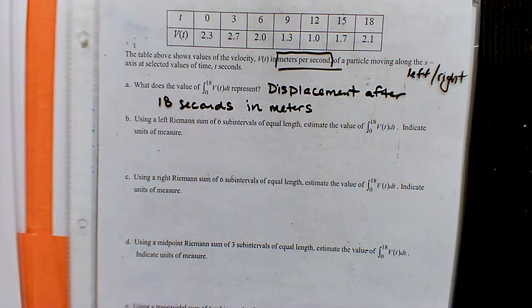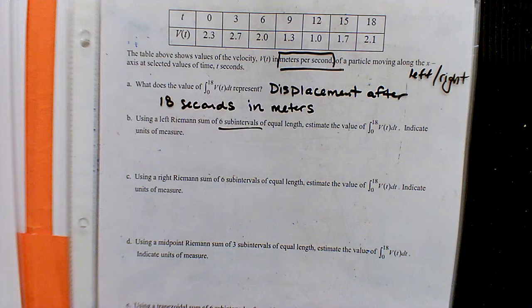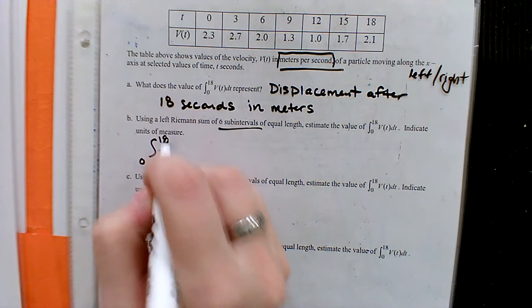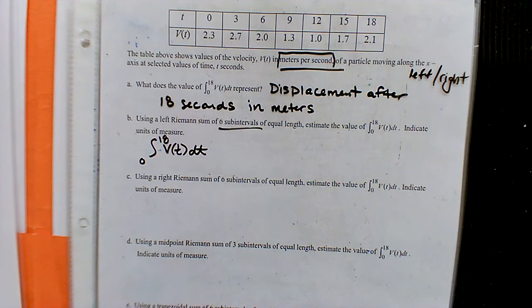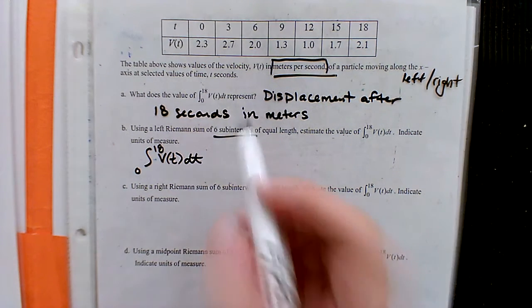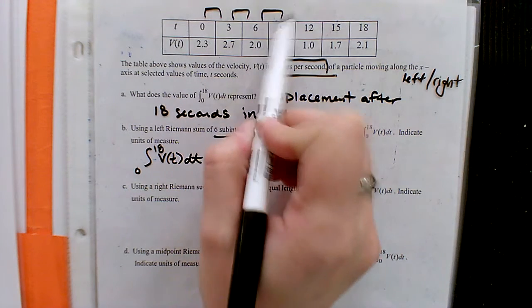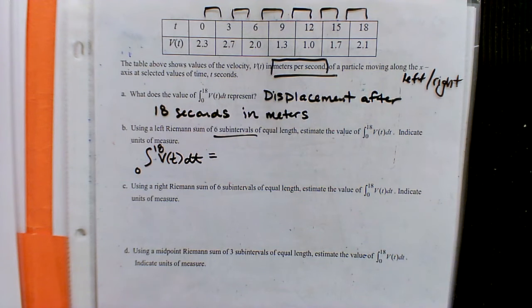Perfect. All right, using a left Riemann sum of 6 subintervals of equal length, estimate this value. So we're going to estimate the displacement this particle had over those 18 seconds. So can we section off the chart into 6 subintervals of equal length? Let's see, 1, 2, 3, 4, 5, 6.